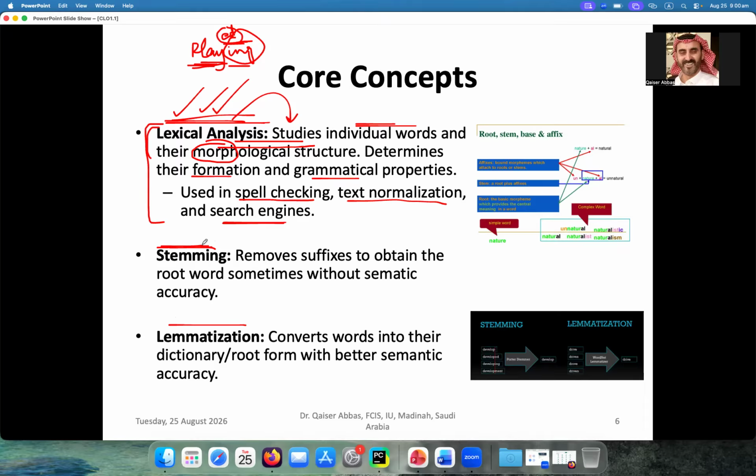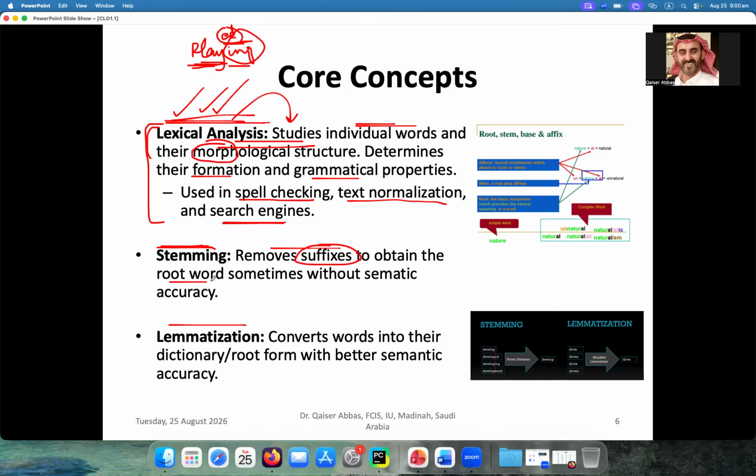Stemming will remove suffixes. What is a suffix? Something at the end of the word. So stemming removes suffixes to get the root word from it.